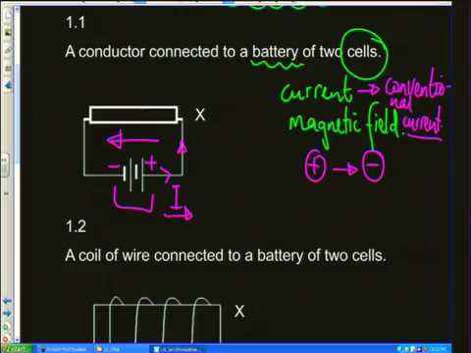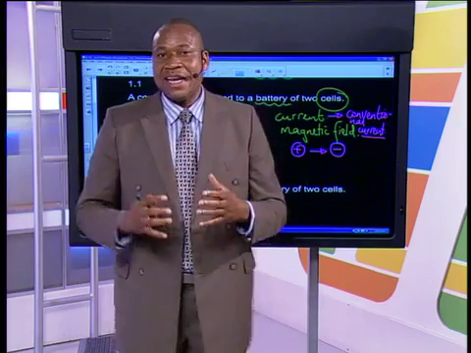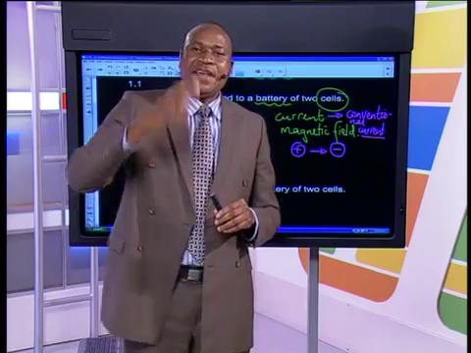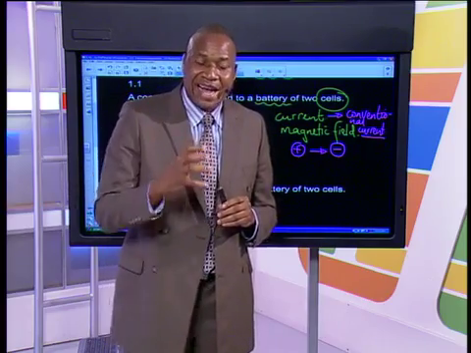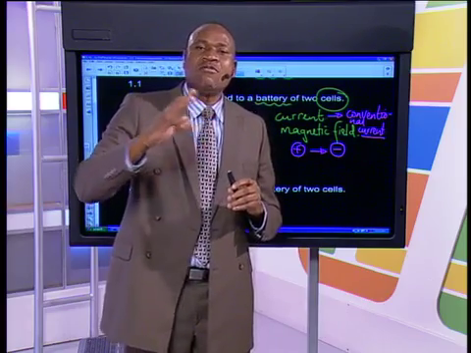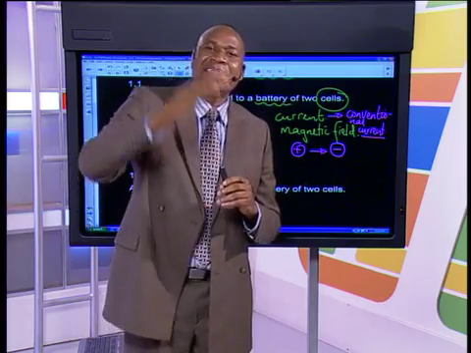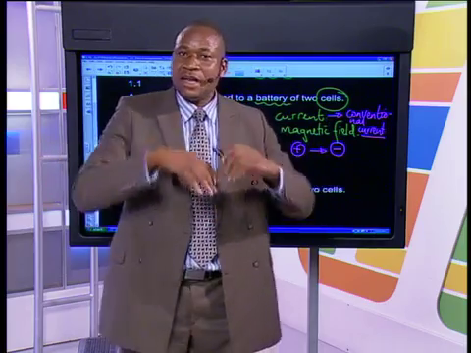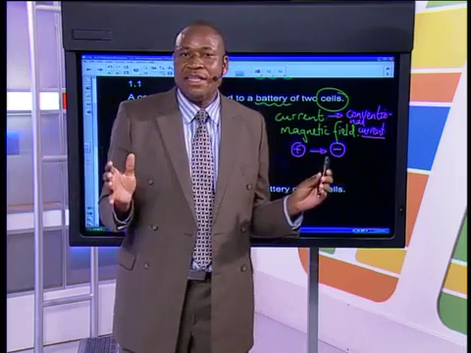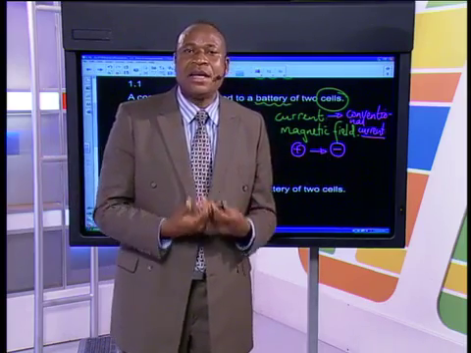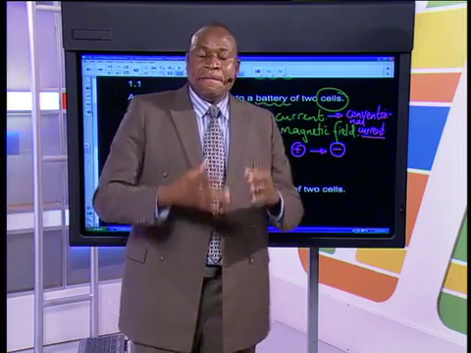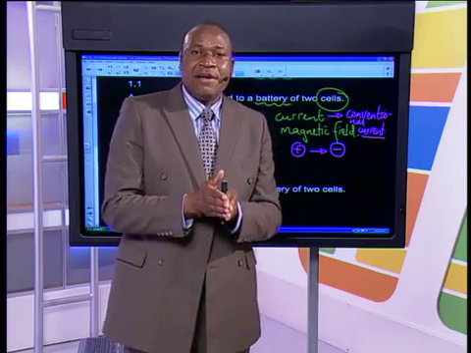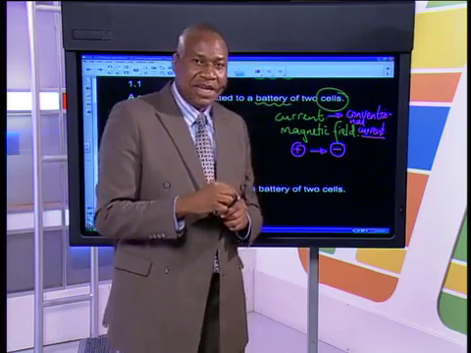What do we know about magnetic fields and current carrying conductors? If a conductor is carrying current, that conductor will generate a magnetic field around itself because there is current. If there was no current, with the current switched off, there would be no magnetic field around that conductor. But once it begins to carry current, then we have a magnetic field around it.